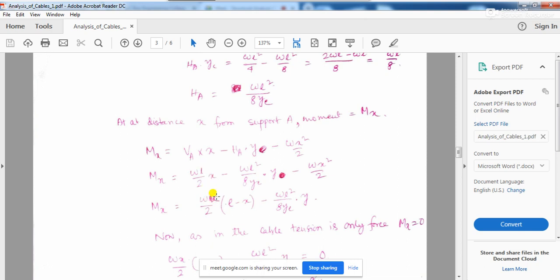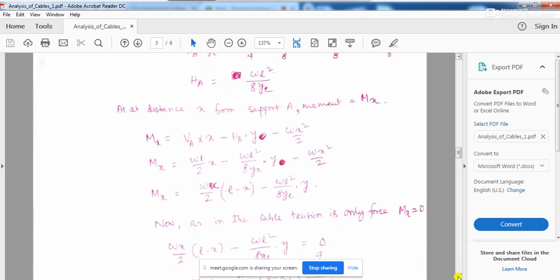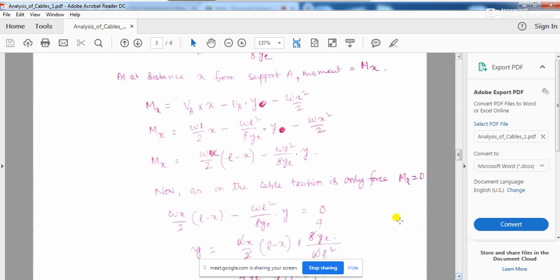You take x common, so basically W by 2 x into L minus x, minus WL squared by 8YC into y. Now, the cable is under tension, so at any point, wherever this point may be, at any distance x from the left hand support or right hand support, if you take the moment at a particular point in the cable, the Mx is always going to be equal to 0.